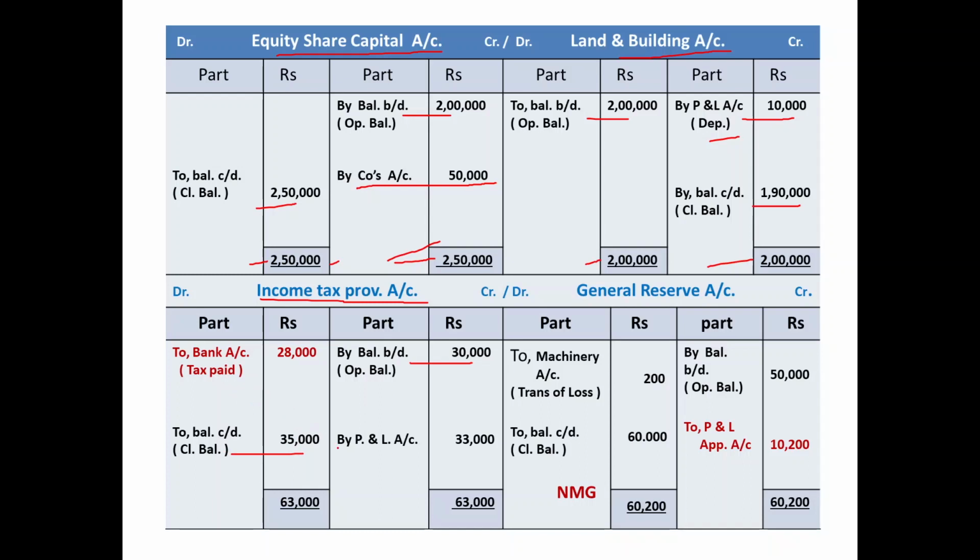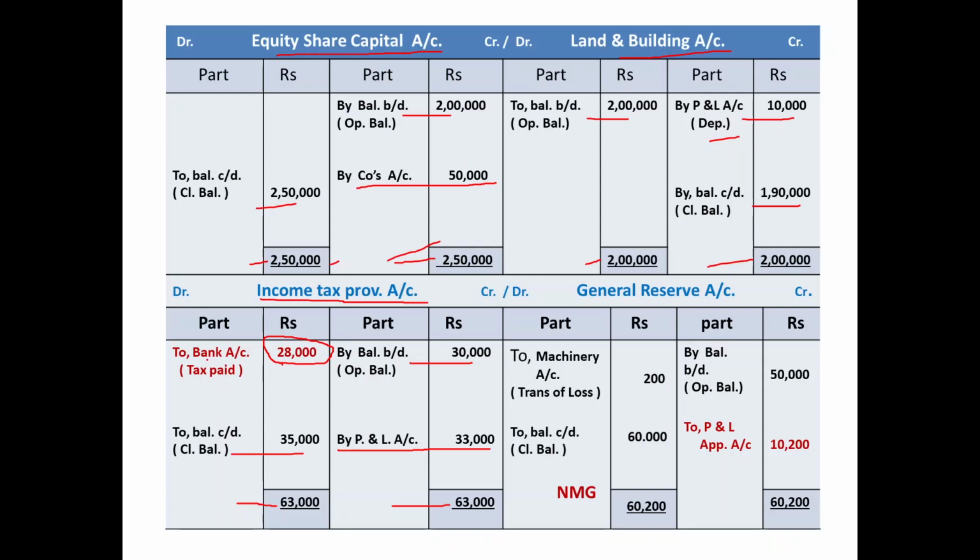Current year's provision, profit and loss account debited to income tax provision account credited 33,000. That makes the total credit side bigger, 63,000. Put it on the debit side, 63,000, and that gives a balancing figure of rupees 28,000 on the debit side.